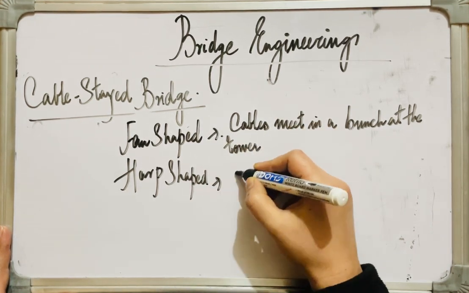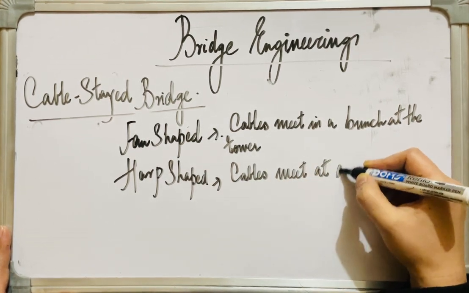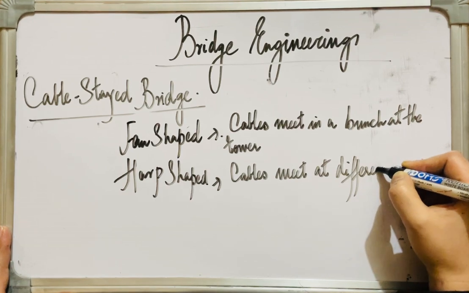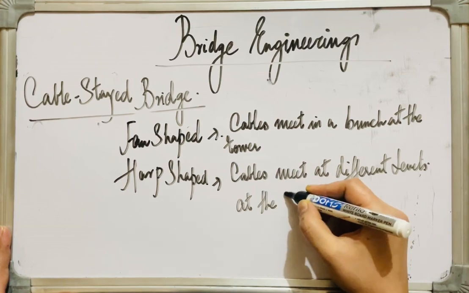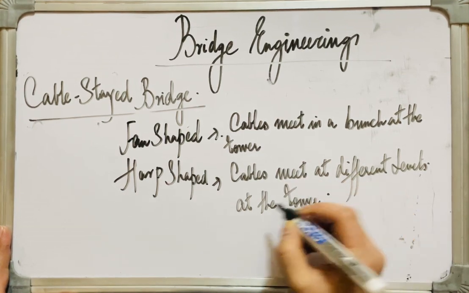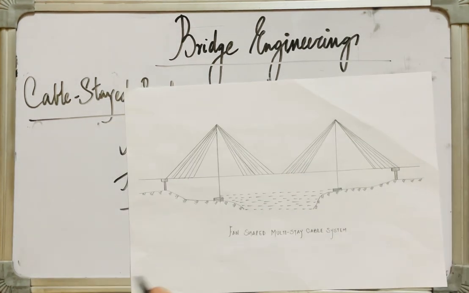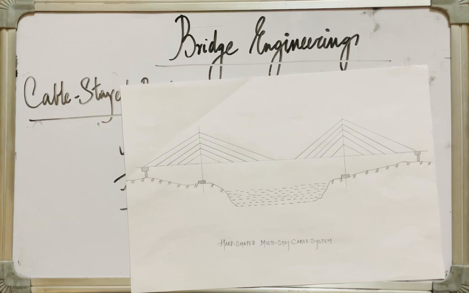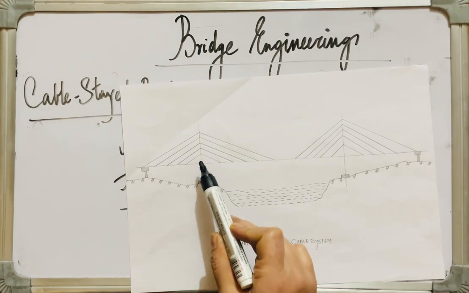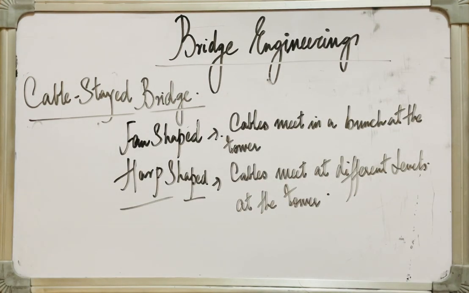Or if these cables meet at different levels at the tower and not in a bunch, that gives rise to harp-shaped multi-stay cable system. So this is a fan-shaped multi-stay cable system wherein inclined cables meet in a bunch at the tower, and this is a harp-shaped multi-stay cable system wherein these stay cables or inclined cables meet at different levels on the towers or pylons. All right, moving on.